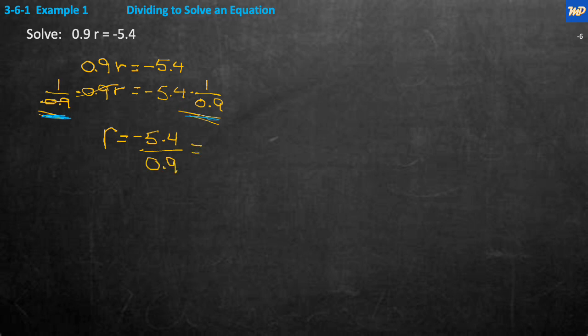And what does that equal? It's going to be a negative number, because we have a single negative. What is 54 divided by 9? 54 divided by 9 is 6. 5.4 will be divided by 0.9 six times. So the answer is negative 6. There's our answer.